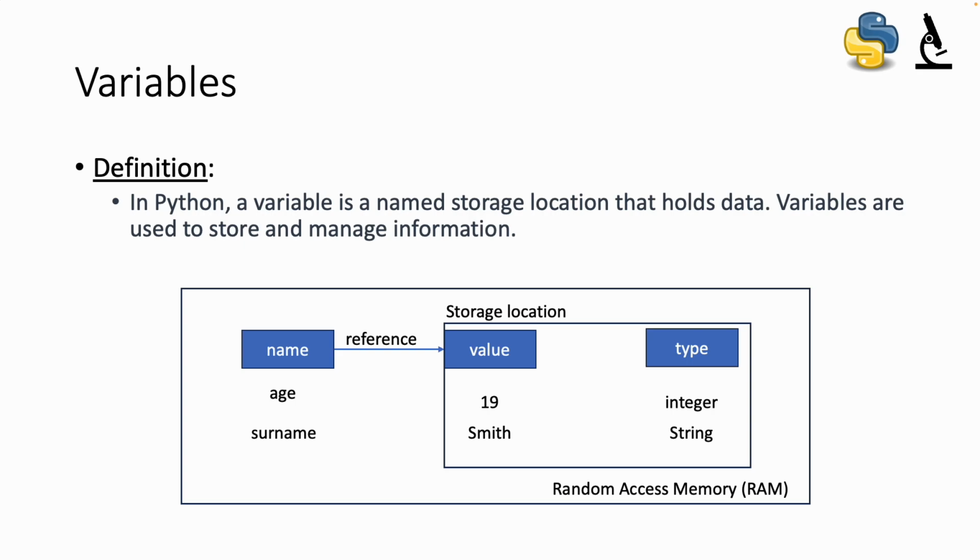In this storage location, you will find a value, for example, age 19 and surname Smith. These two values also have a type, which I will cover in a couple of minutes. So the variable is actually referencing a certain location in the storage where you can find the value.